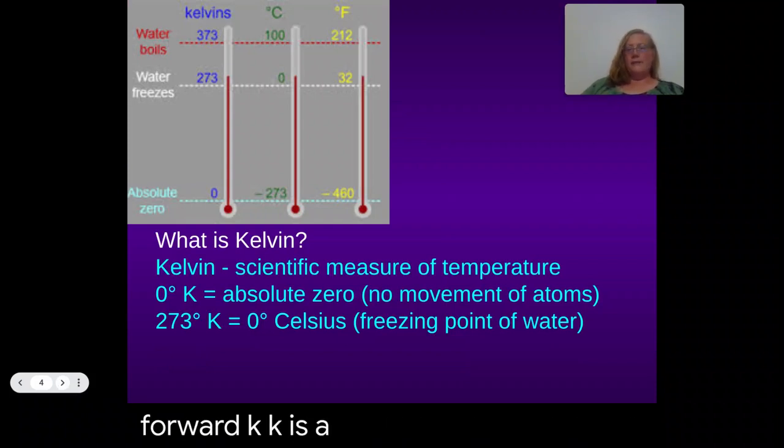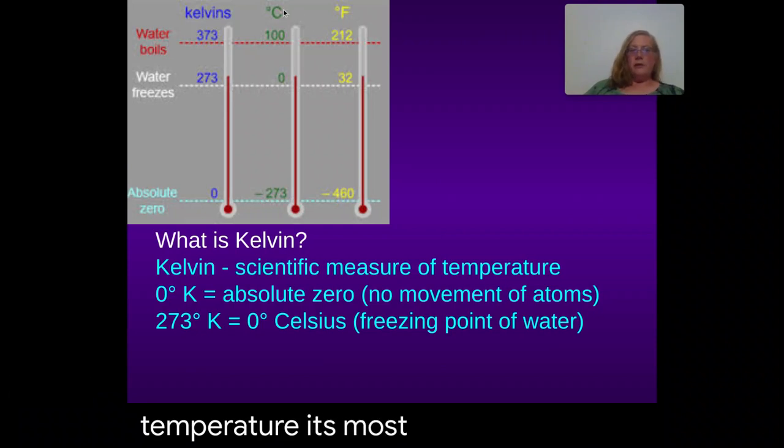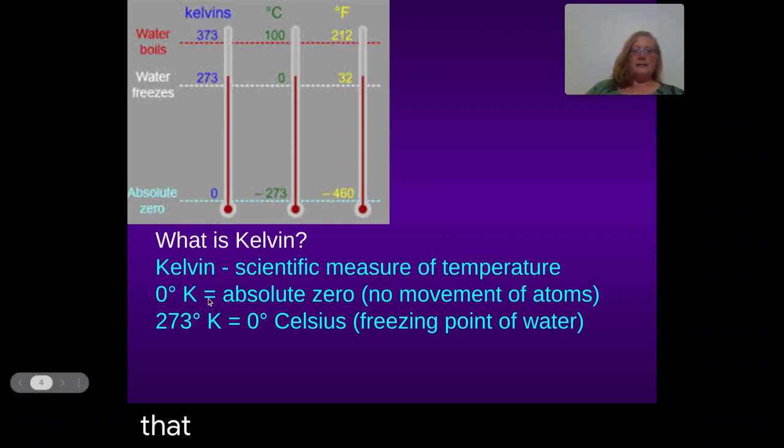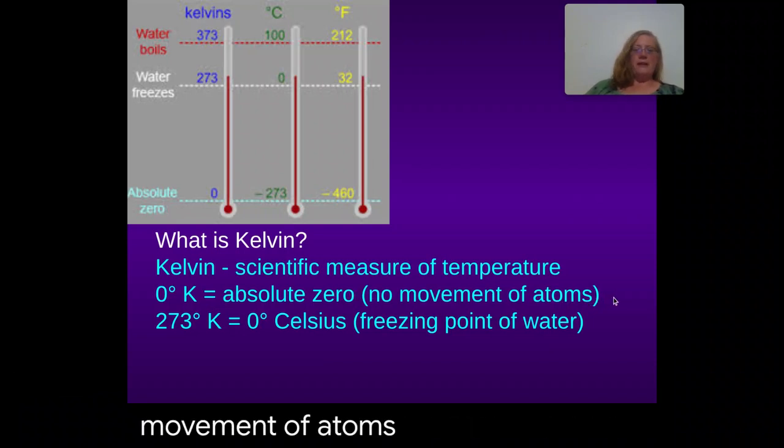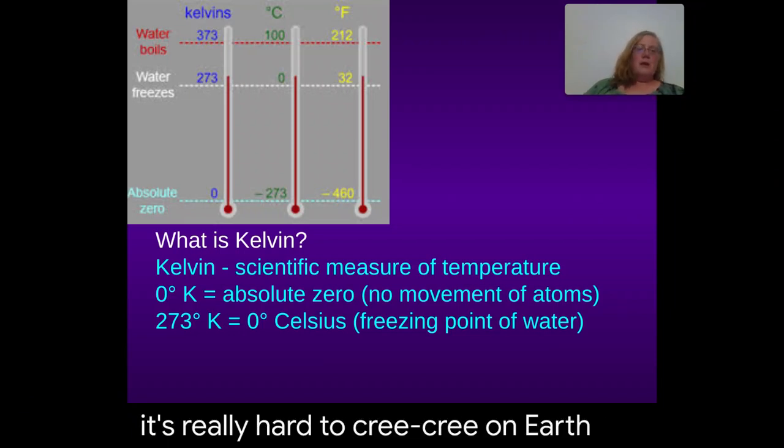Okay, so moving forward. Kelvin is a scientific measure of temperature. It's most closely related to Celsius, as we can see when we look at this chart here. Make sure you know that 0 Kelvin is absolute zero. This is no movement of atoms. We see this in space. We can do this momentarily on Earth in very specific conditions, but it's really hard to recreate on Earth.